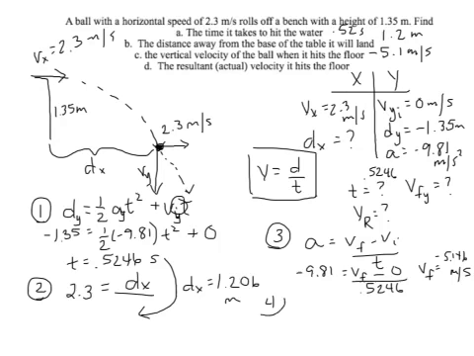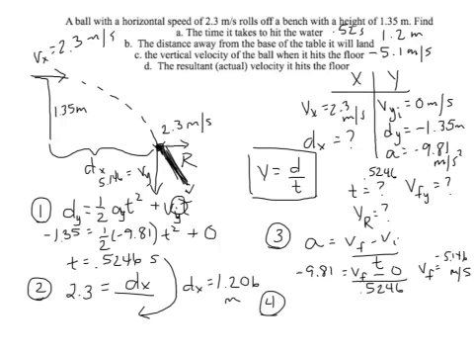And then the last question is, what is the resultant velocity? What is the actual velocity that the ball is hitting the ground with? Some amount of that velocity is in the x forward, some of that velocity is in the y down, but we can get this resultant by knowing the Pythagorean theorem. So it's 2.3, and your y is 5.146 meters per second.